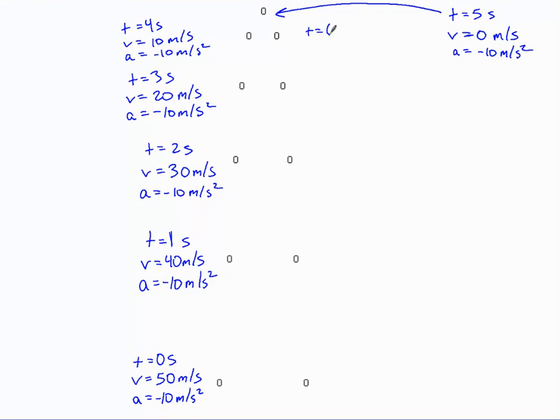Next point, time 6 seconds. Velocity now, remember our velocity is changing by negative 10 meters per second every second. So we went to 0, now we have negative 10 meters per second. The acceleration is negative 10 meters per second squared. At our next point, time of 7 seconds, the velocity is now negative 20 meters per second. Acceleration is negative 10 meters per second squared.